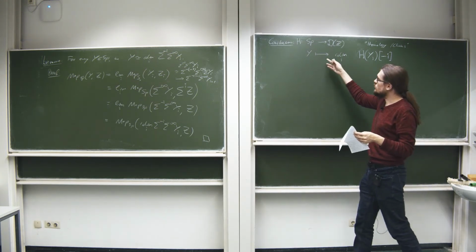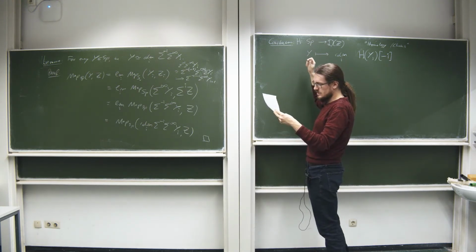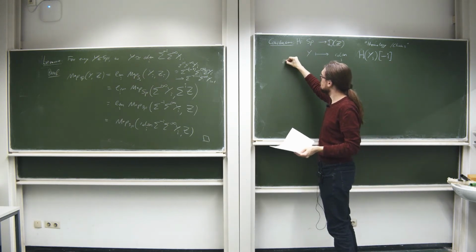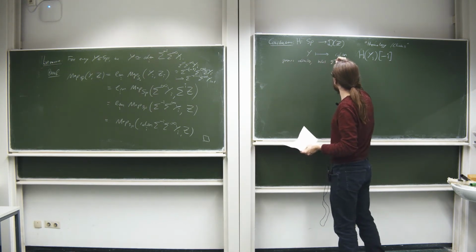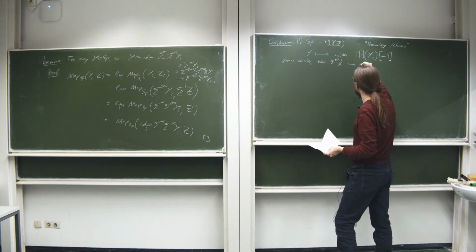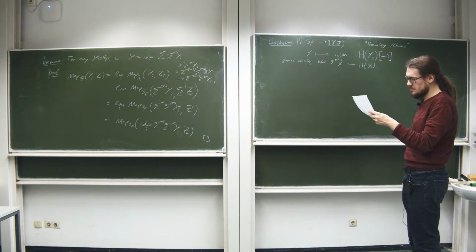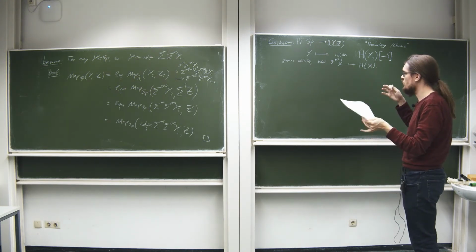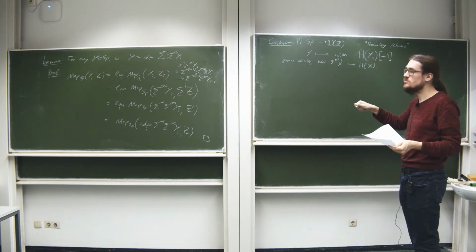And so this functor is characterized by preserving colimits and by taking sigma infinity X to H of X. So here we have a different behavior than for homotopy. For homotopy, we saw that the homotopy of my spectrum is the homotopy of loops infinity of my spectrum.